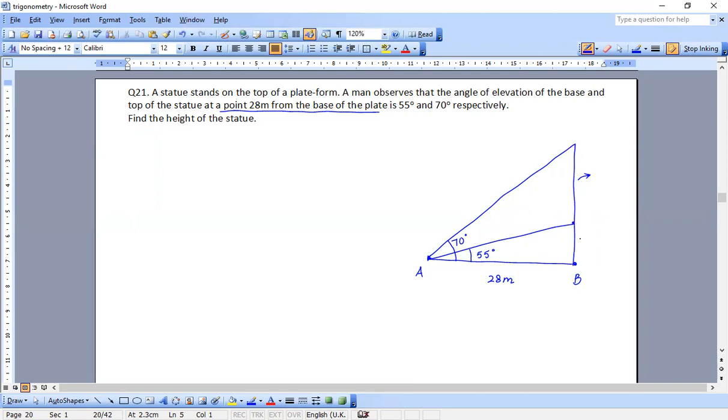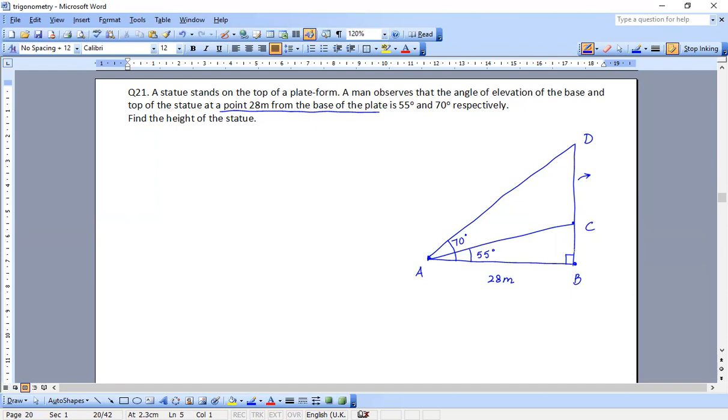So in this situation, this is A, this is B, let's say this is C, and let's say this is D. Height of the statue is from C to D. I have to calculate the length of CD. I have drawn the given situation into a right angle triangle, and I have to calculate the length of CD.